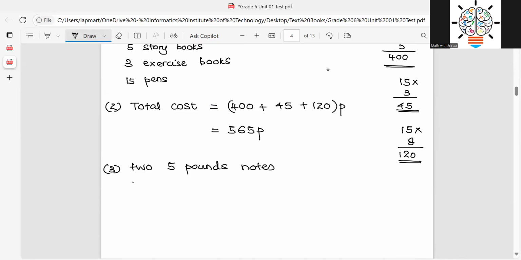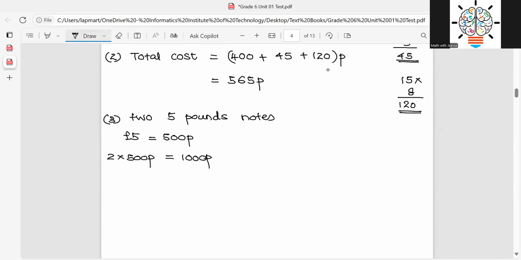How do you write that? £5 equal to 500 pence. So then you have 2 such notes. So then that becomes 1,000 pence, right?